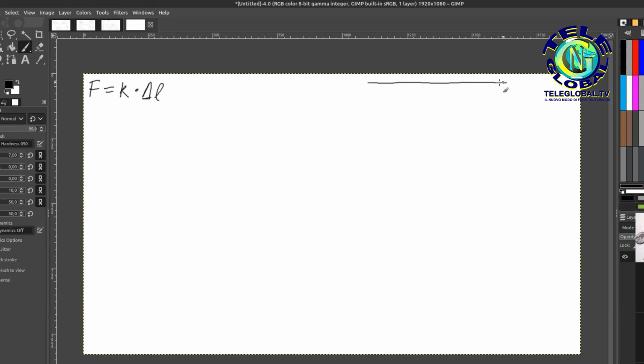So say that you have a ceiling here with a spring hanging from it, and that here you have a ruler with which you can measure stretching. Then, if you hang a weight on the spring, you will cause it to stretch.